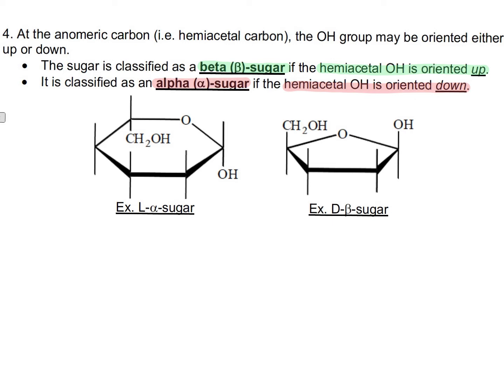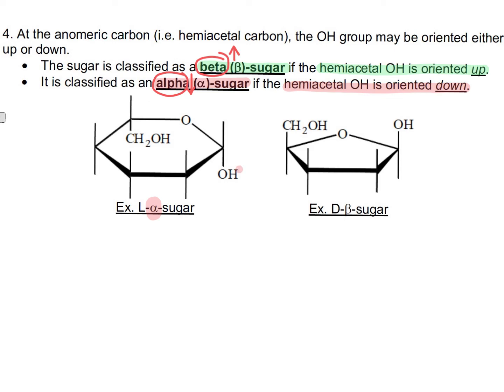But in the system of classifying cyclic monosaccharides, beta refers to up, alpha refers to below. So lock that into your mind here. In the case of the structure on the left, this would be an example of an alpha sugar, and we've placed the symbol alpha there to emphasize that.